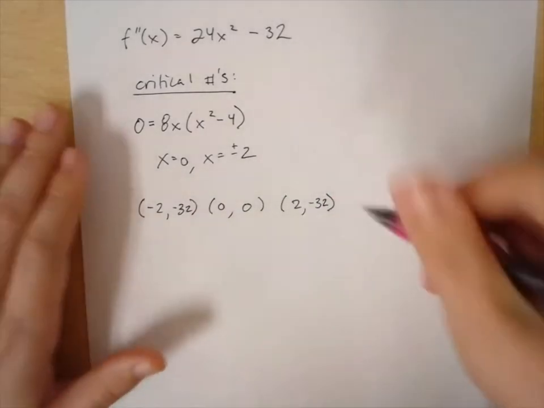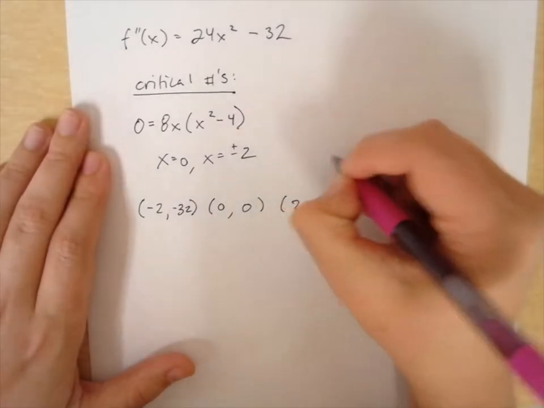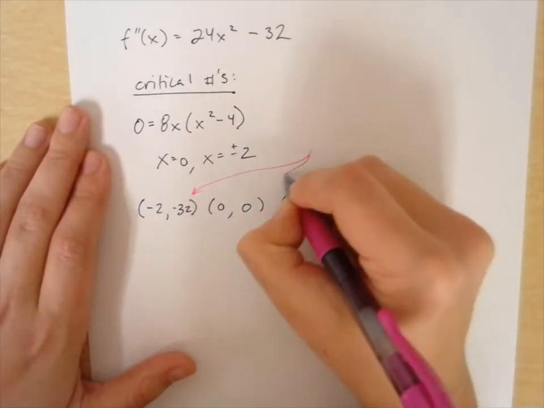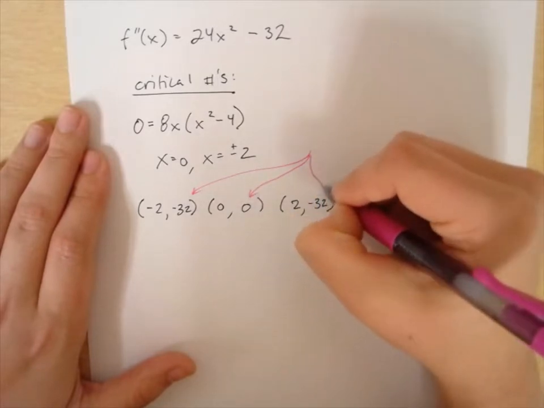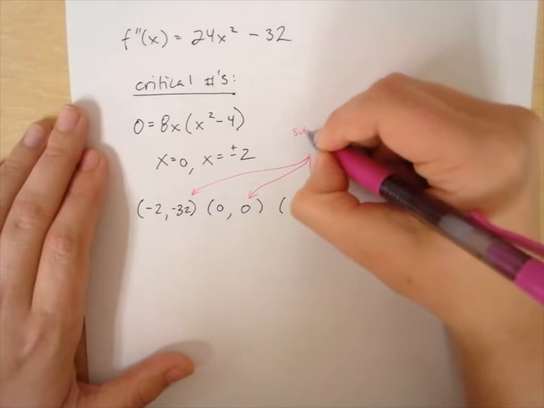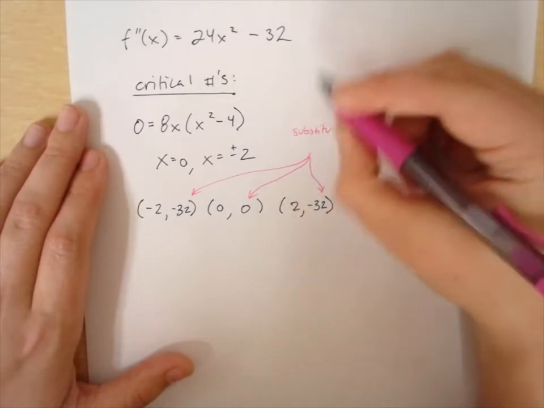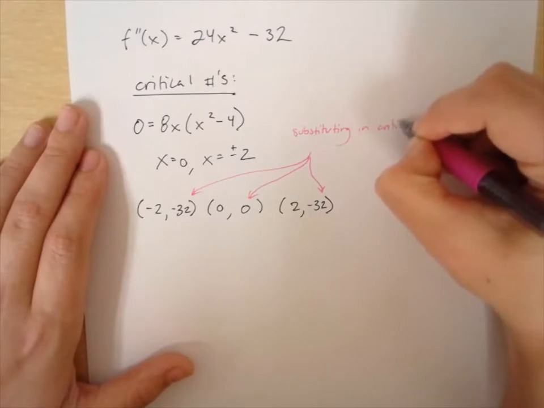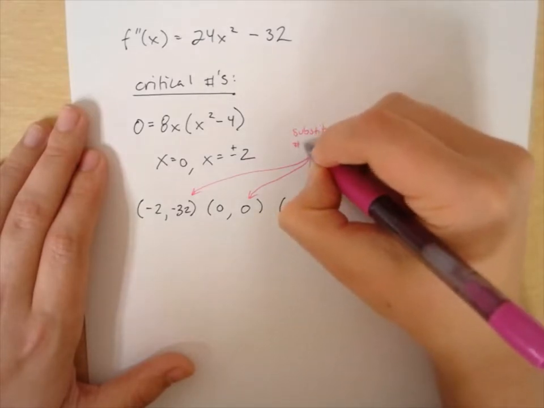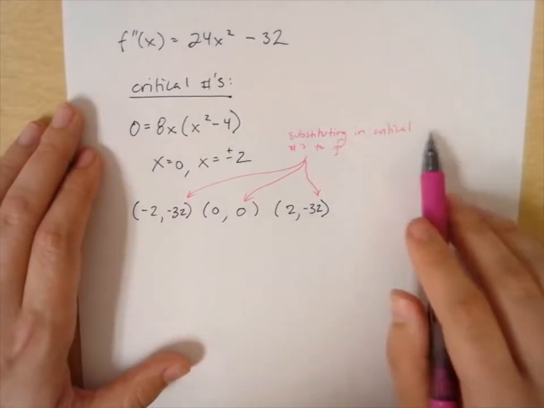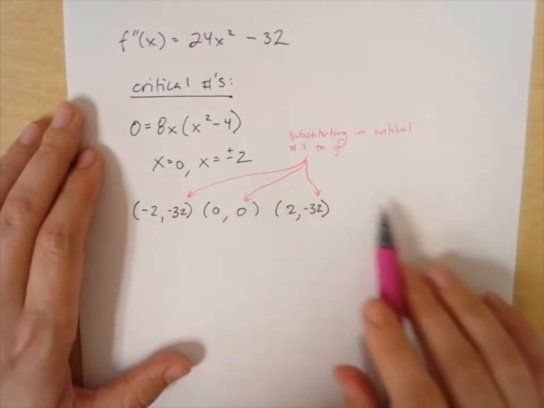And again, I'm just going to highlight how I came across those values, because I noticed we were kind of asking this question in class. I got these y values from substituting in my critical numbers to f. Substituting in critical numbers to f is how I got these y values.